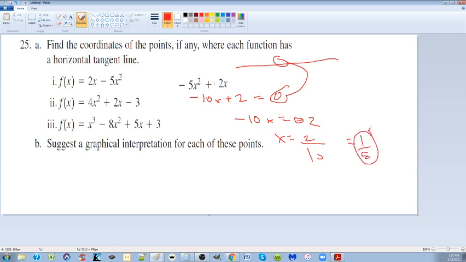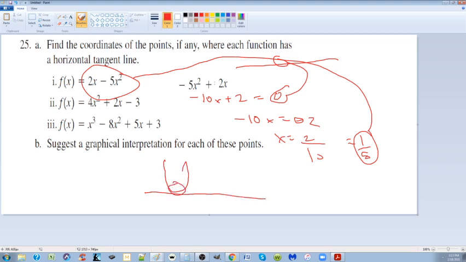Now I got to take the point, plug it back into this, which by the way is a parabola. And it should only have a horizontal tangent line at its vertex. So that means this is going to be the vertex. That's another thing to realize. The only point that the parabola is going to have a horizontal tangent line is at the vertex.